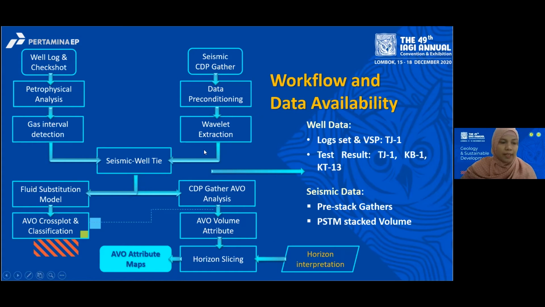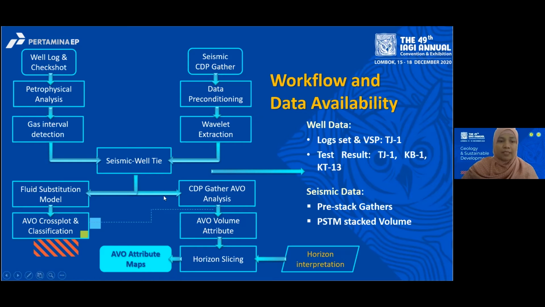And then the next step, we do some fluid substitution modeling, where a few scenarios are incorporated by substituting the fluid contained in the reservoir. This is to see the response of the reservoir with different fluid content, and to see the response in the cross plot, and finally determine their AVO classes.